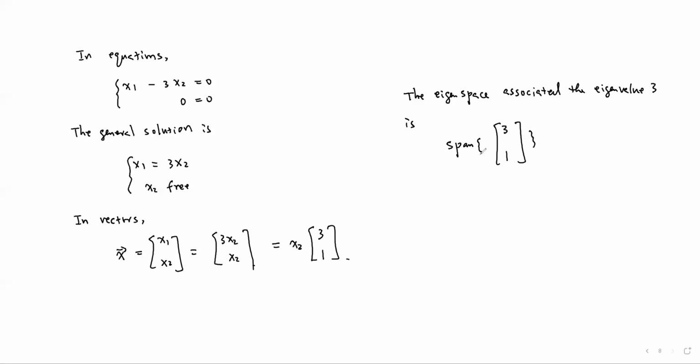This vector is called a basis. The basis is this vector. Let me put this into a set. Okay, this is set notation. The set of this single vector is a basis for the eigenspace, because the basis has only one element.